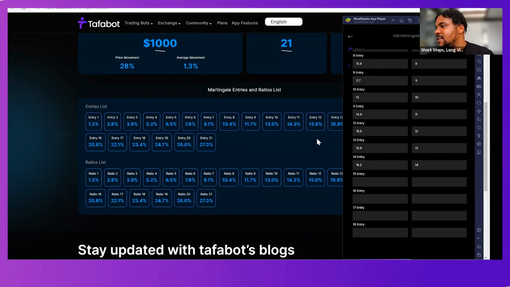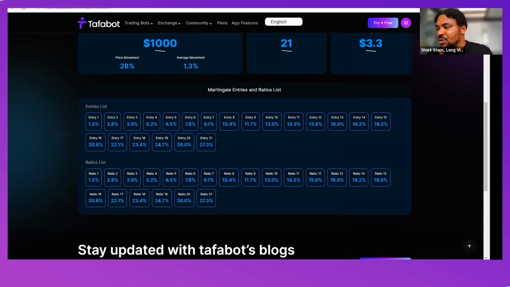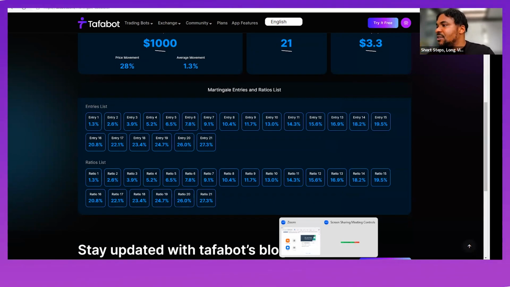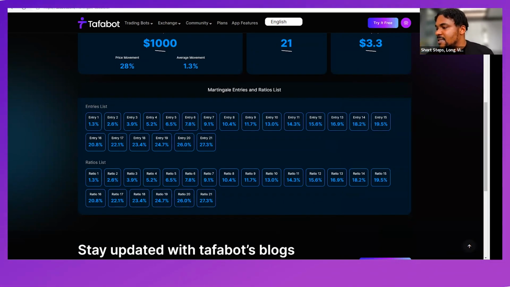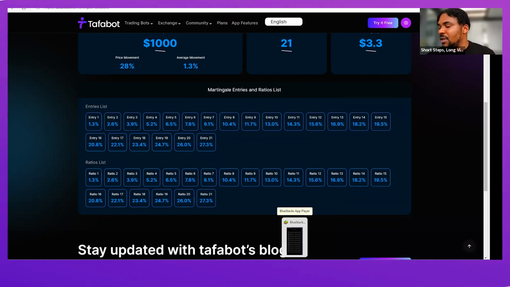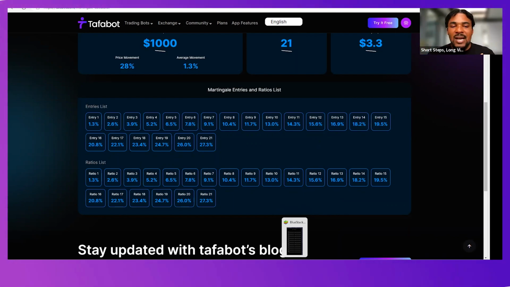Now, this is the amazing thing that the calculator gives you when it structures the entries this way: if the market goes the full 27% against you, which we've covered up for, unlike most Martingale setups, where most of the users said the market is now over 10% against them from a 27% movement.